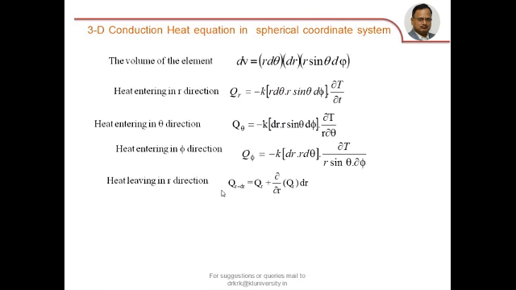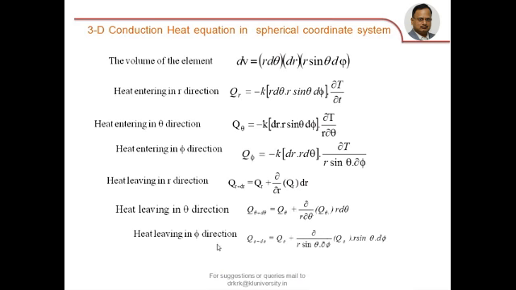And heat leaving in r direction is mathematically expressed as q_(r+dr) equal to q_r plus dou by dou r of q_r into dr. And similarly, heat leaving in theta direction is q theta plus dou by r dou theta of q theta into r d theta. Heat leaving in phi direction is q_(phi+d phi) equal to q phi plus dou by the thickness r sin theta dou phi of q phi into r sin theta dou phi.